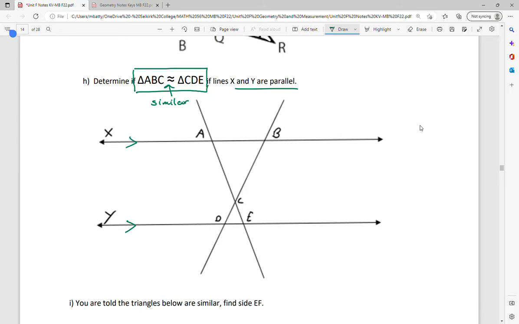So to figure out this one, we're going to have to remember some of our angle proofs. And so we know that we have opposite angles. So this angle here and this angle here would be the same. We know that this angle and this angle would be the same because of the Z pattern. We also know that if we subtract these two angles from 180, whatever this is going to be the same as that.